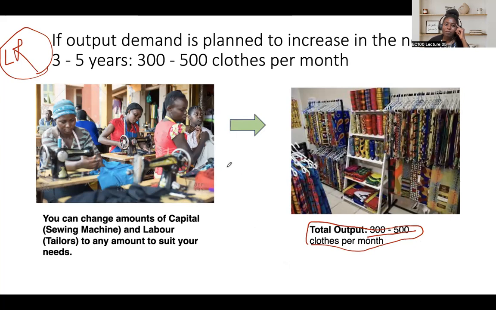She can have more machines, like those sewing machines, more laborers, or anything. So the question is, how many machines and how many laborers give the cheapest choice?